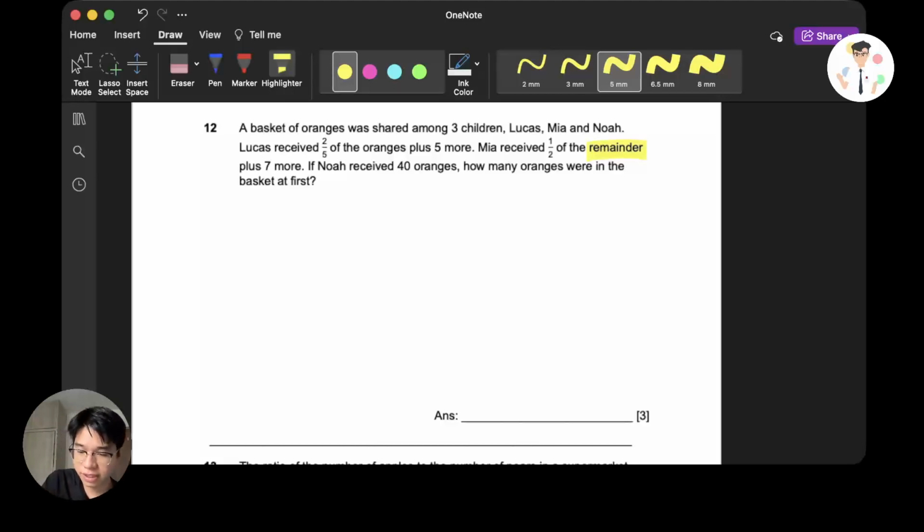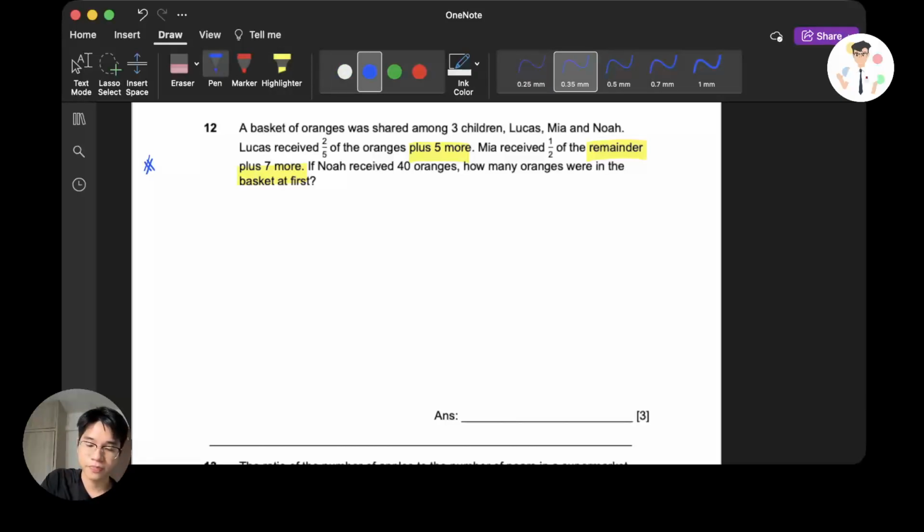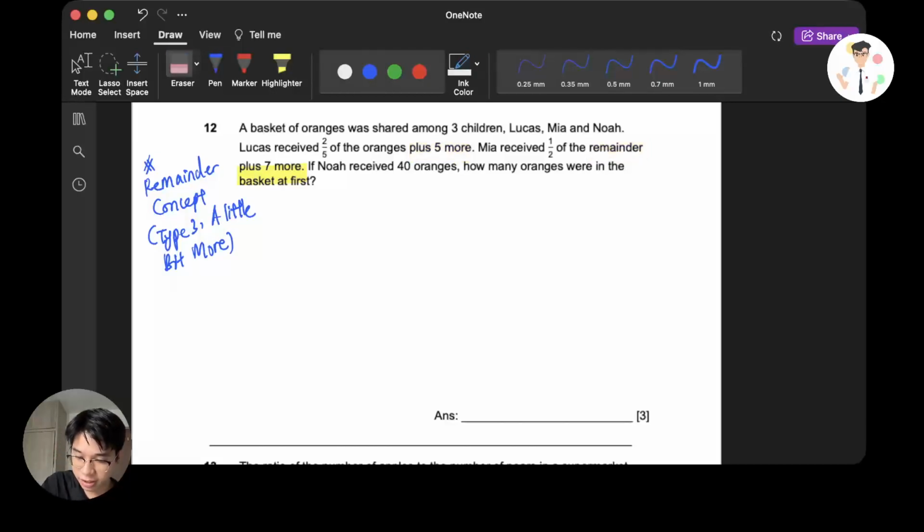And if you see plus 5 more, plus 7 more, you know immediately this is the remainder concept, type number 3. And this is what we call a little bit more.